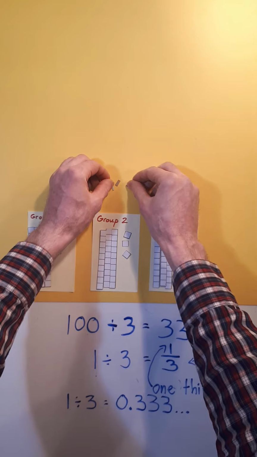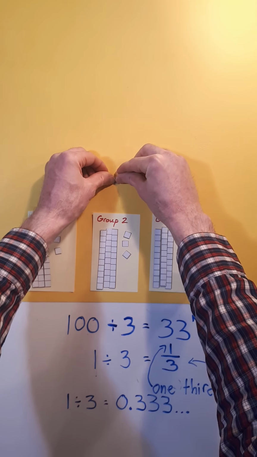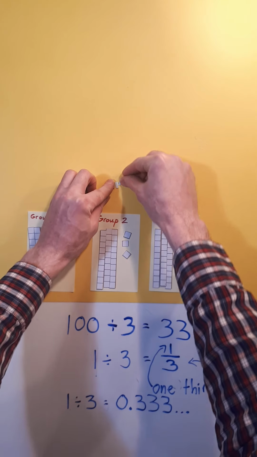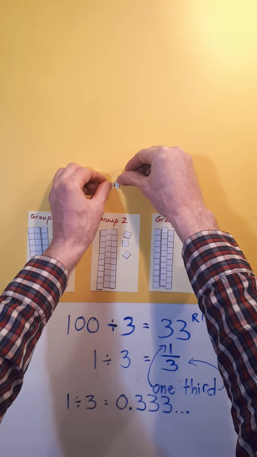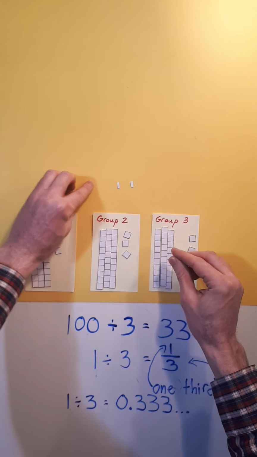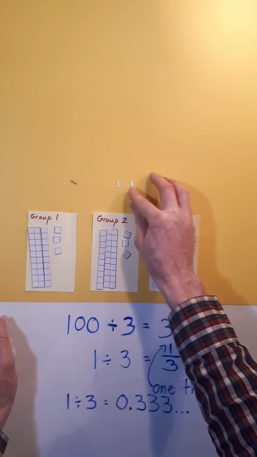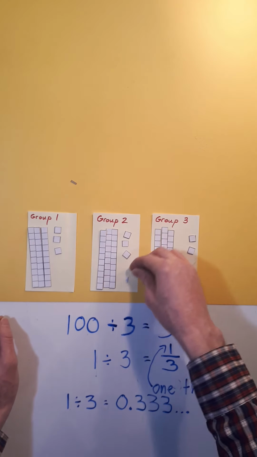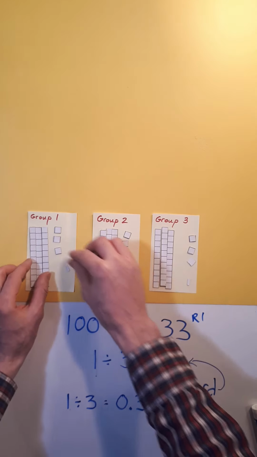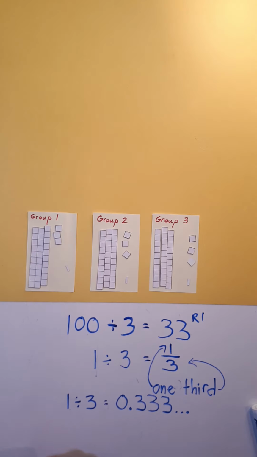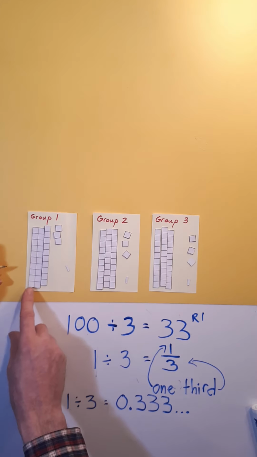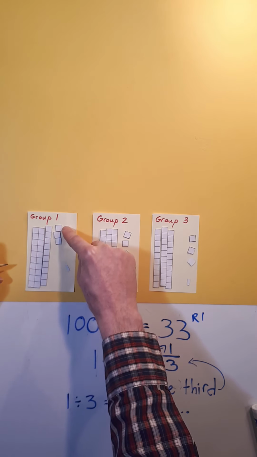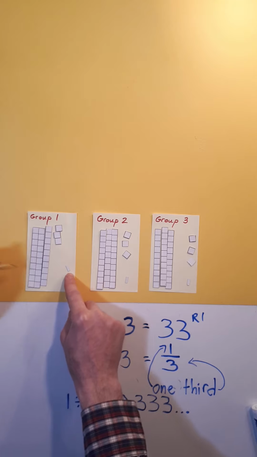So now we actually have here, instead of a single 1, 1/3, 1/3, and 1/3. So I'm going to add our 1/3 to each spot here. And we have 10, 20, 30, 31, 32, 33, and 1/3.